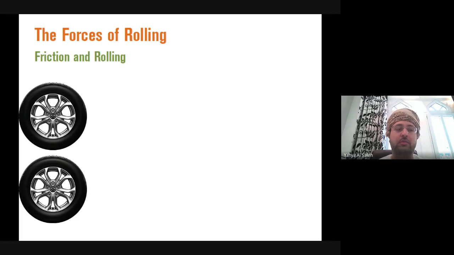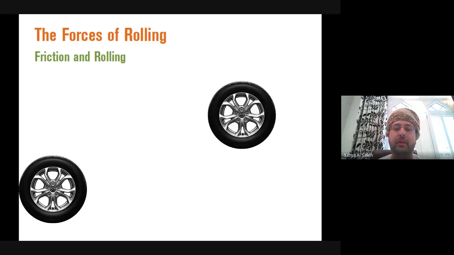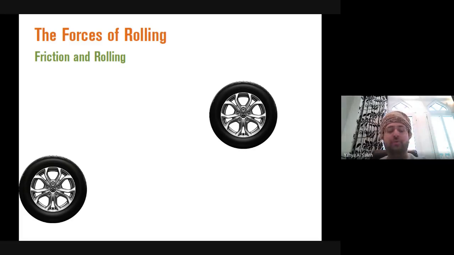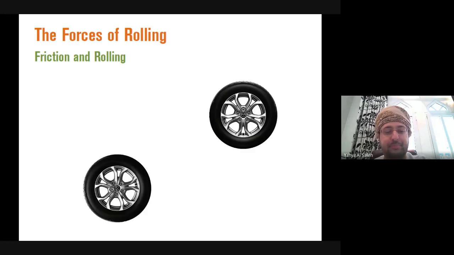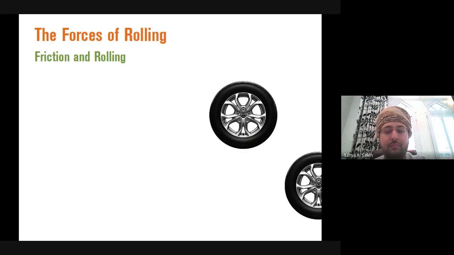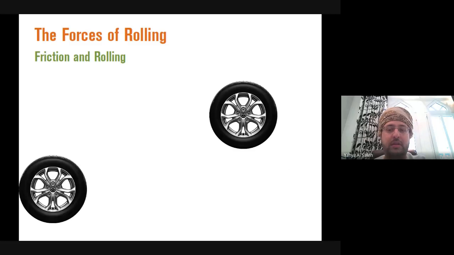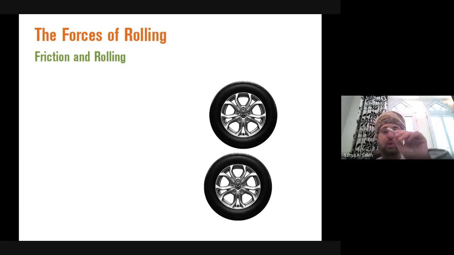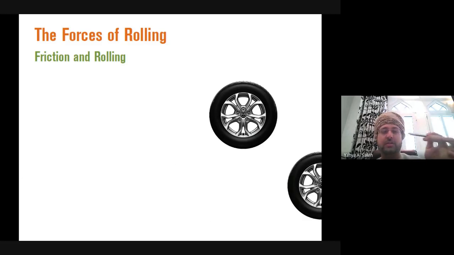The first one keeps on rotating and moving, but something happens in the second one that doesn't happen with the first one. It drifts. It slips. It starts rotating, rolling, but at one point it stops rolling and it just starts sliding.